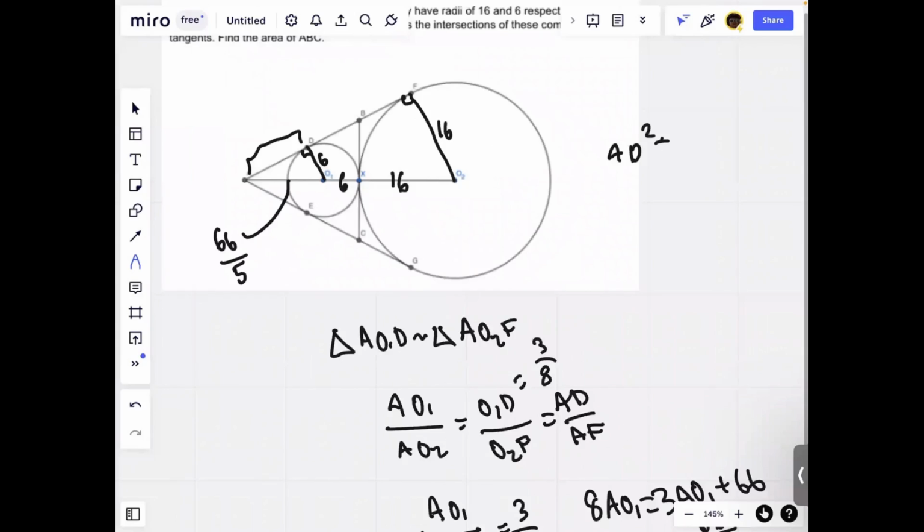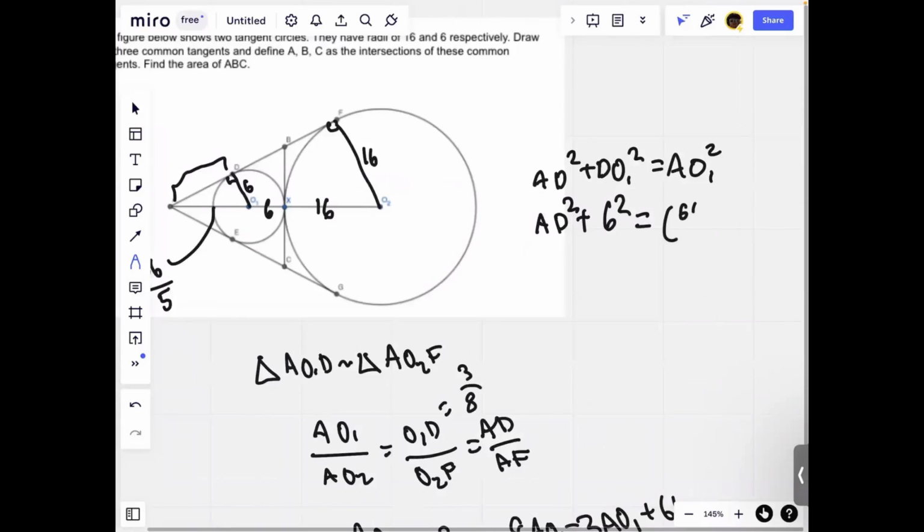squared plus DO1 squared is equal to AO1 squared by the Pythagorean theorem on triangle ADO1. So AD, we don't know, so AD squared. And then DO1 is 6, so that's 6 squared. And then AO1 is 66 over 5, so this is 66 over 5 squared.